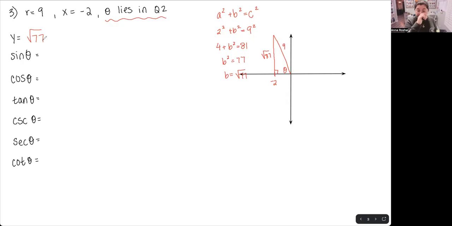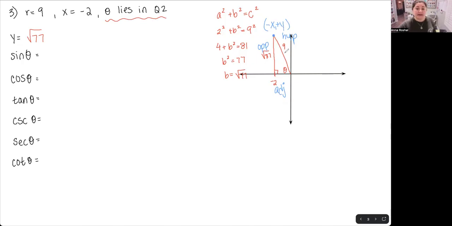Again, I'm going to put in here I have my hypotenuse, my opposite, and my adjacent. In here, I know that the y is positive because this point is going to have a negative x and a positive y in this quadrant 2, right?